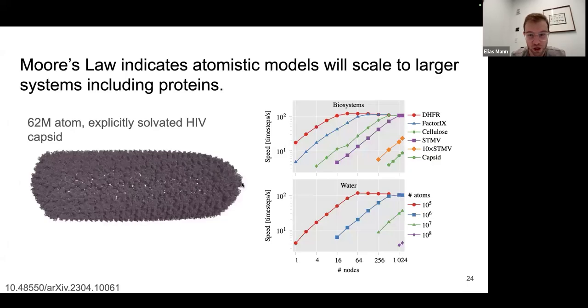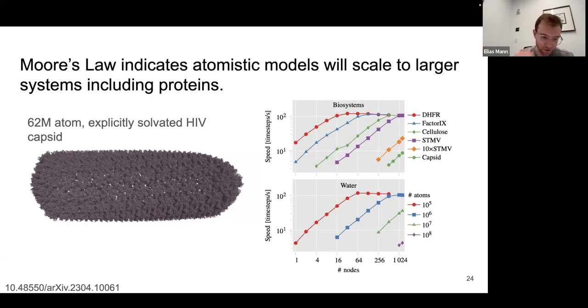One thing is that Moore's law indicates that atomistic models will be able to scale to larger systems. As we mentioned earlier in our discussion before the talk, as you get to larger systems, you have to coarse grain out some of the finer information. But we think we'll be able to make atomistic protein models as we make these models more scalable, and as compute and hardware get better.